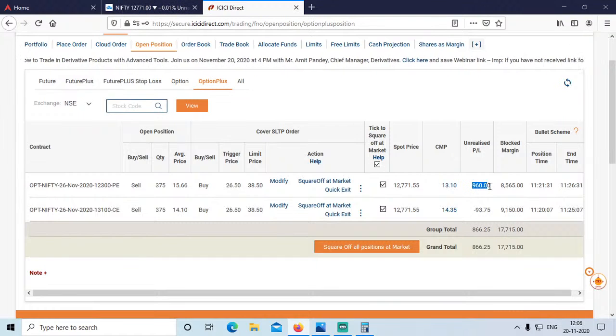This put option leg was giving around 1,200 as a profit, which reduced to 960, whereas this call option is giving a loss of around minus 400, which got reduced to minus 93. But not to worry about it, together adding it is giving 866. This profit is consistent.